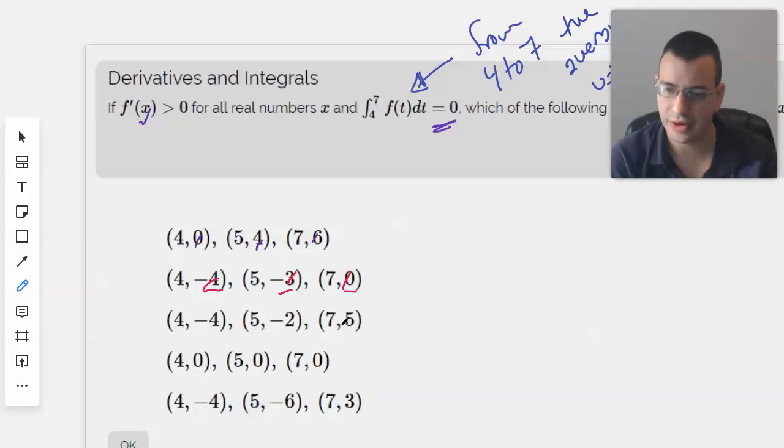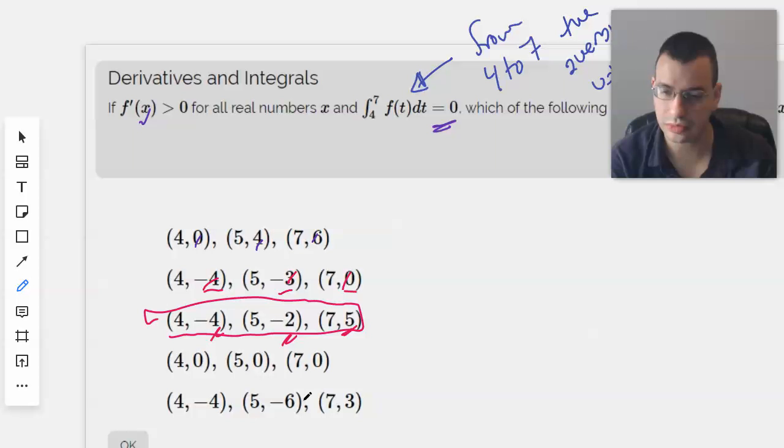This one, 4, 5, 7, still increasing, have some above 0 and some below 0. So this is a possibility. This doesn't work because its f prime of x is greater than 0, not f prime of x greater than or equal to 0.